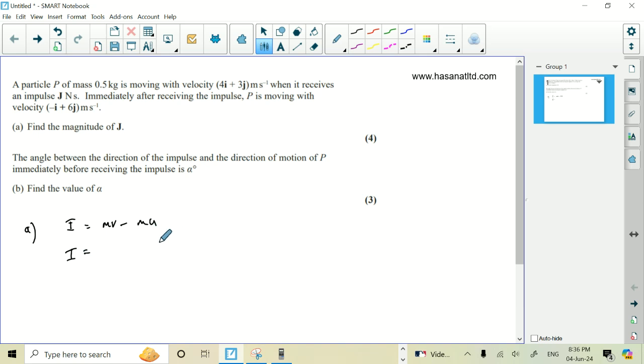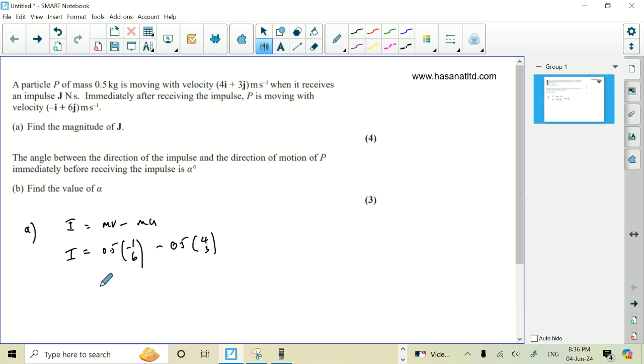So it's equal to the 0.5 is the mass, and minus 1 and 6 is the final velocity of P, minus the mass times the initial velocity, so minus 0.5, and we have vectors 4 and 3.